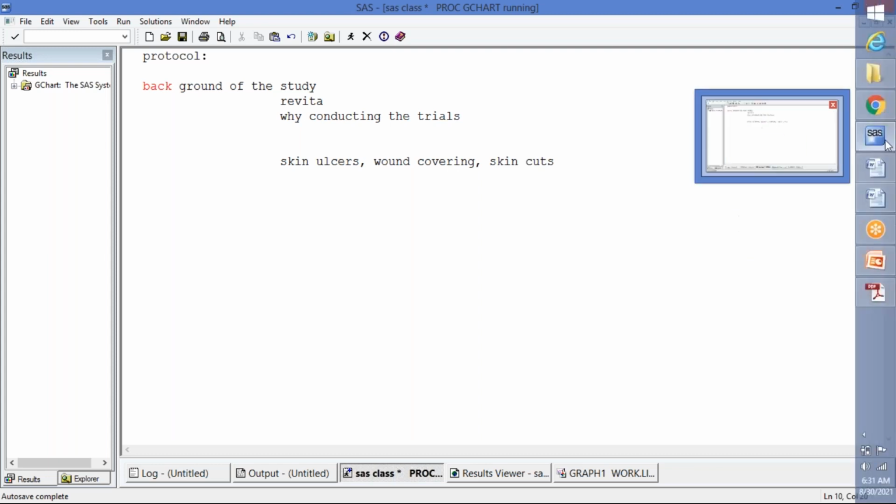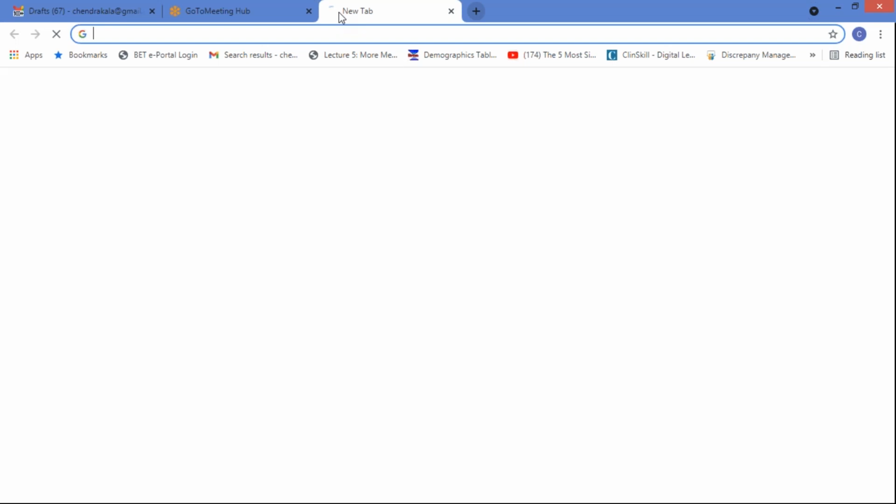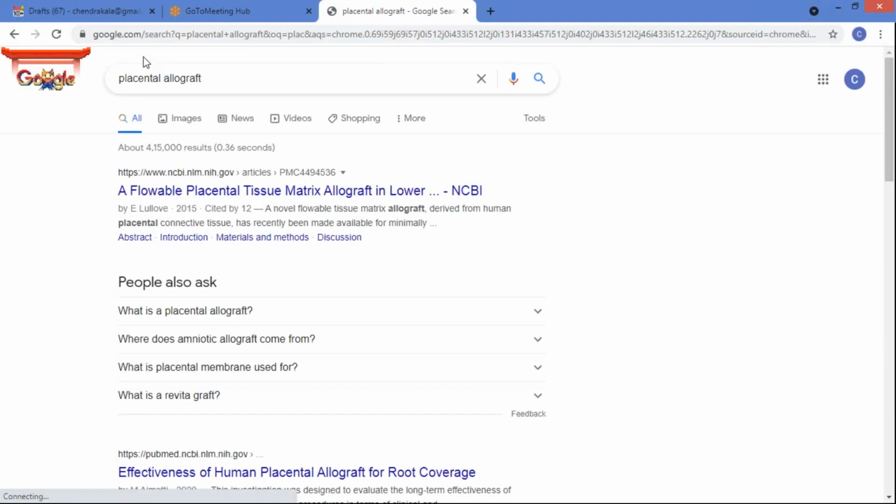Let us understand the product. What is placental allograft? Placental allograft is a tissue-based product. It's nothing but tissue, placental tissue. It is derived from the human placental connective tissue. It will look like this.